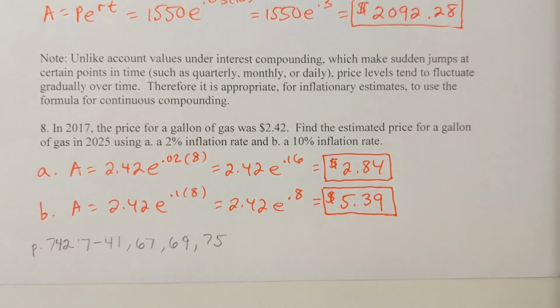Problem 8 says, in 2017, the price for a gallon of gas was $2.42. Find the estimated price for a gallon of gas in 2025 using Part A, a 2% inflation rate, and Part B, a 10% inflation rate. So what if we have a 2% inflation rate? Well, $2.42 would be the P value.